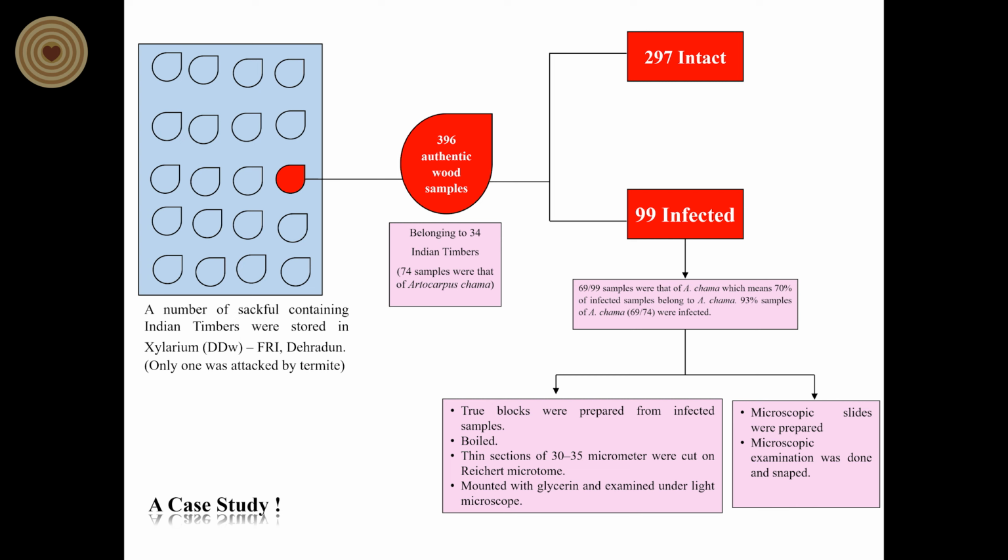Out of the 99, 69 samples were that of Artocarpus sharma, which means that 70% of the infected samples belong to Artocarpus sharma, and 93% samples of the Artocarpus sharma were infected.